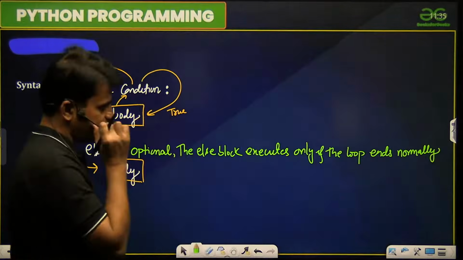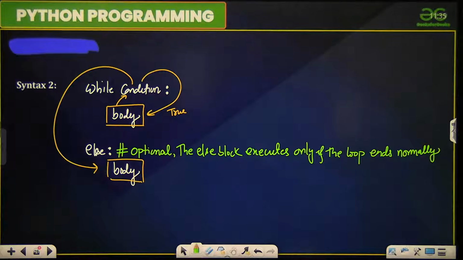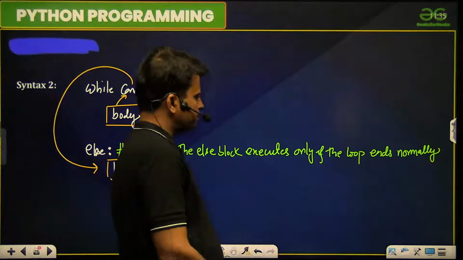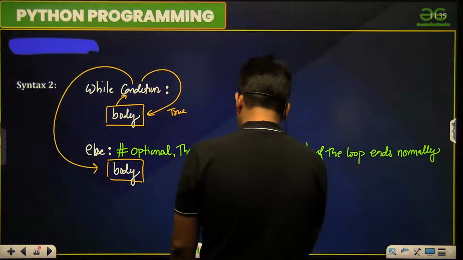Only if the loop ends normally, student. Means not by a break. Normally means not by a break, student.